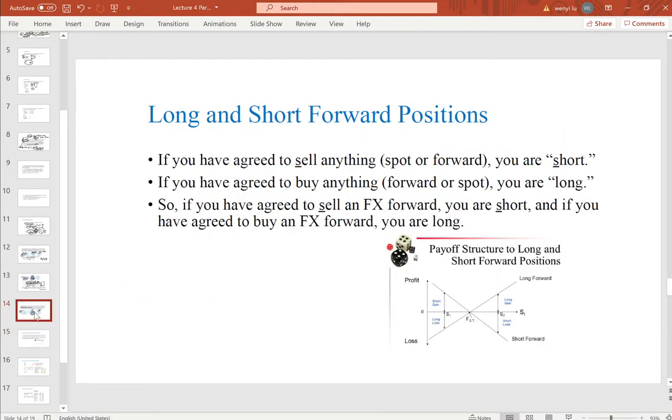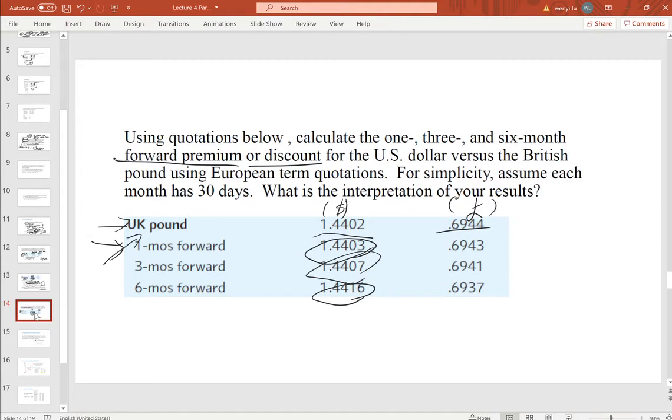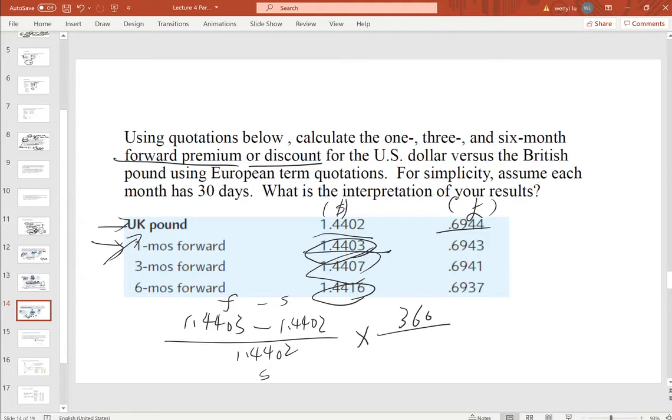So you can try this one at home. I will not give you the results directly, but if you want to do it, let me show you examples just for this one, please. So 1.4403, that's the forward rate, minus spot rate 1.4402, divided by spot rate 1.4402 times 360, that's the annual days, divided by how many days in this 1 month forward, 30 days.